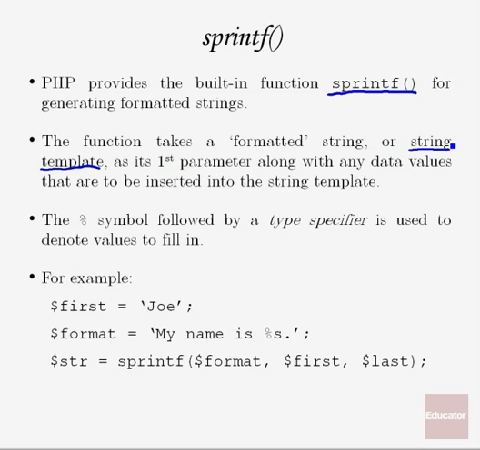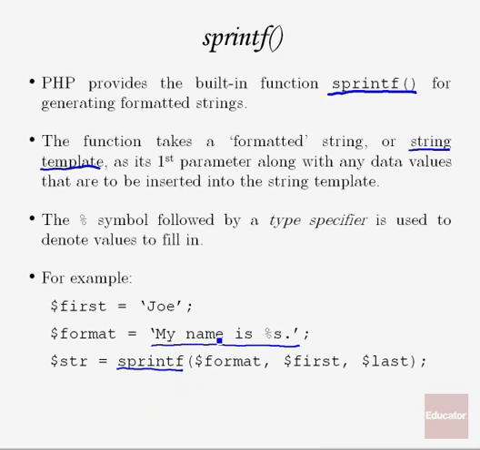Let's just look at an example, I think that's easiest. Let's say that we want to write my name is Joe, and so we have a variable called first, and it has the value Joe. Well, we can create a formatted string, or a string template, that will be used by this sprintf function, and this is what the template looks like.